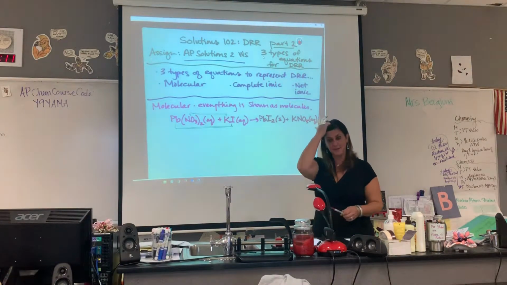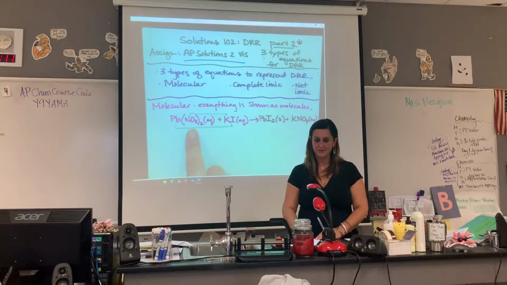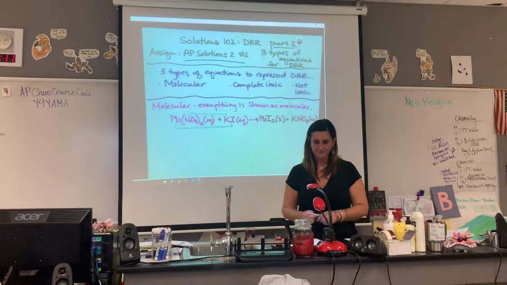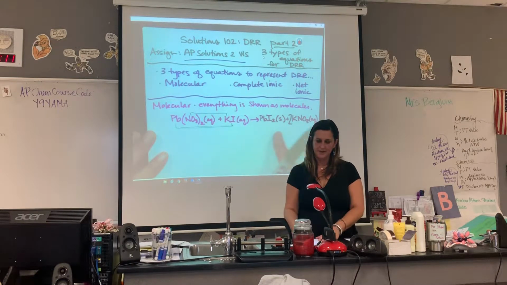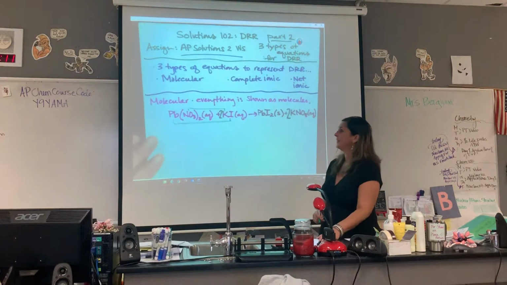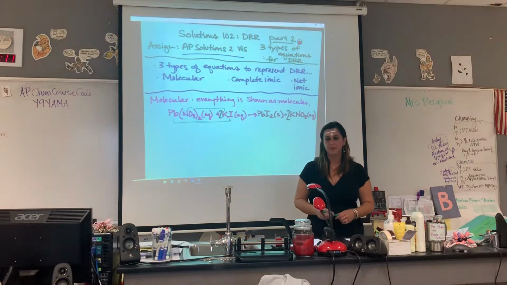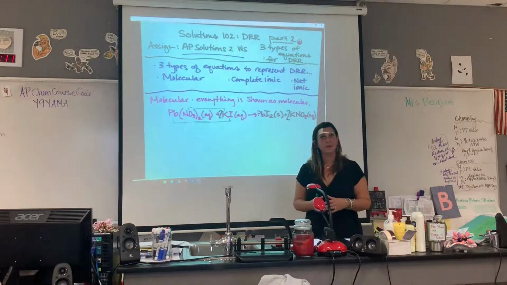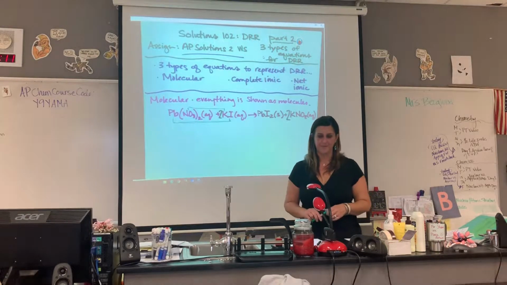Now we have to balance it. So we want to notice that there are 2 nitrates here and 1 here. And so we're going to put a 2 in front of the potassium nitrate. And then we'll also put a 2 in front of the potassium iodide to balance the iodines out, and the potassiums too. So molecular equation, everything is shown as a molecule. There's no charges shown on anything, okay?